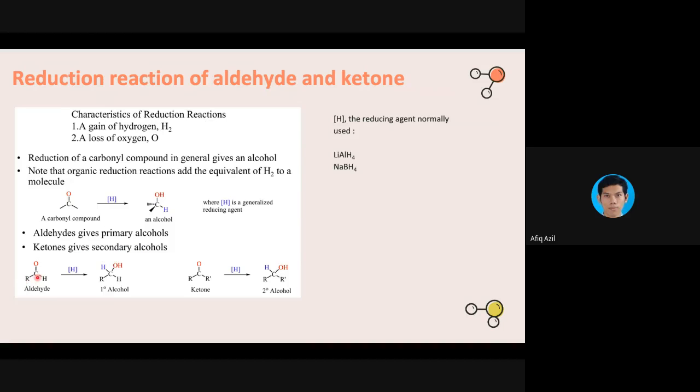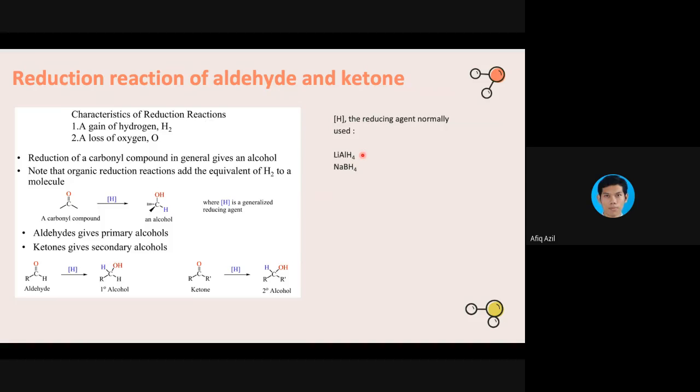Why? Because aldehyde, C double bond OH, will give you primary, because it is going to add one hydrogen to this side. So the carbon will only be bonded to one other carbon, which is this R group, primary. Ketone will give you secondary.